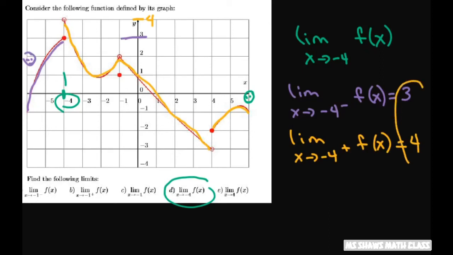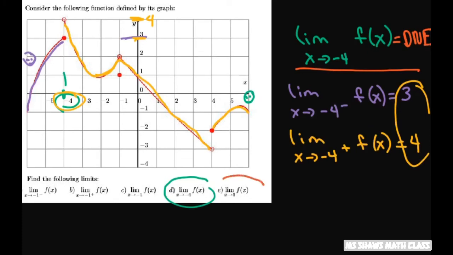Since these do not equal, you did not meet up. You met up at different places when you were going to negative 4. So it could be something was wrong with the car, GPS, whatever. It puts you at the wrong places. So basically, this is when you would write does not exist. There's no output value for this because you have 2 different values.